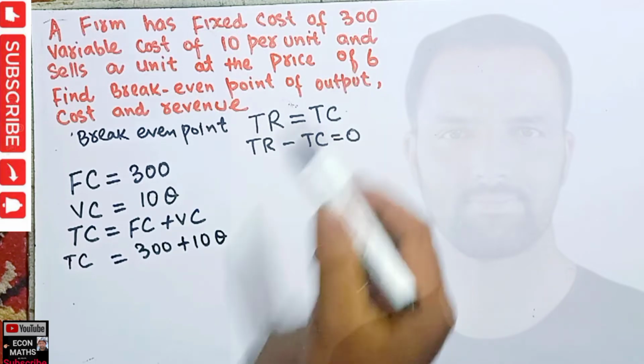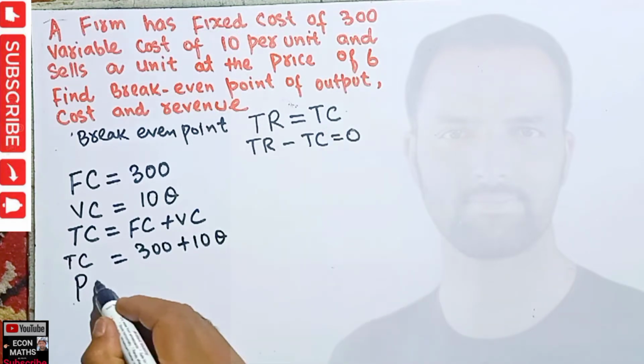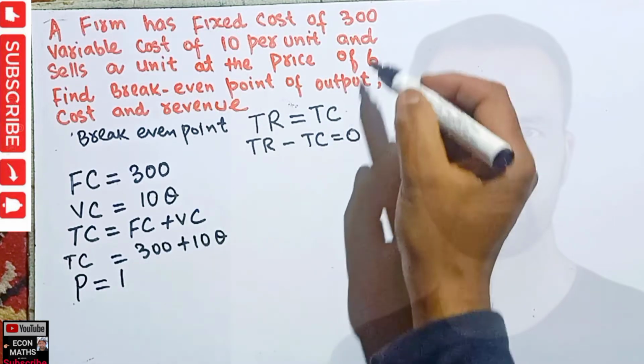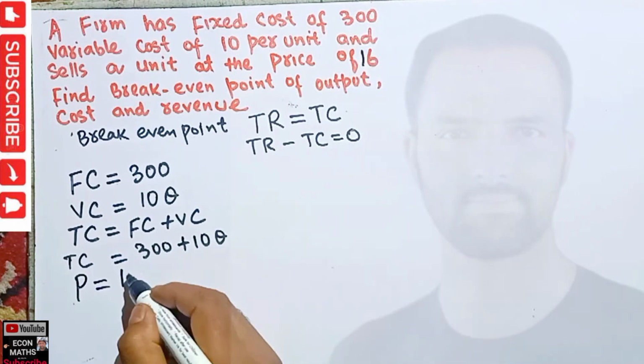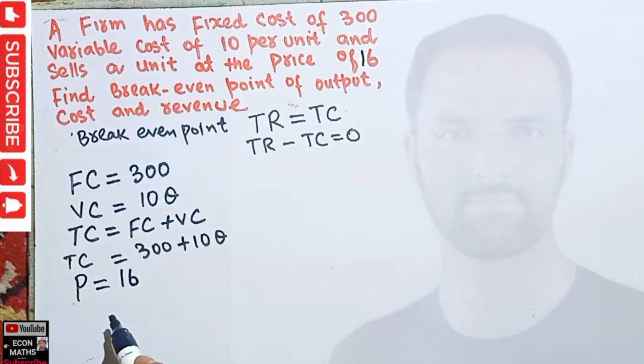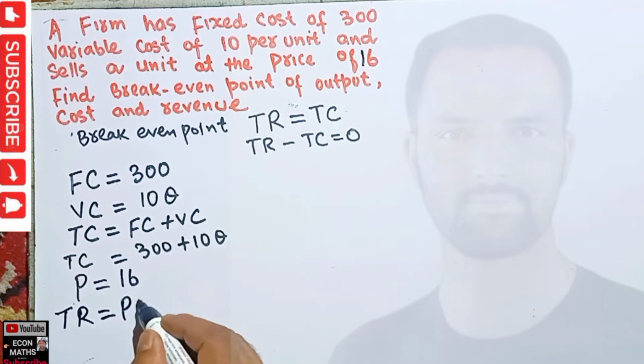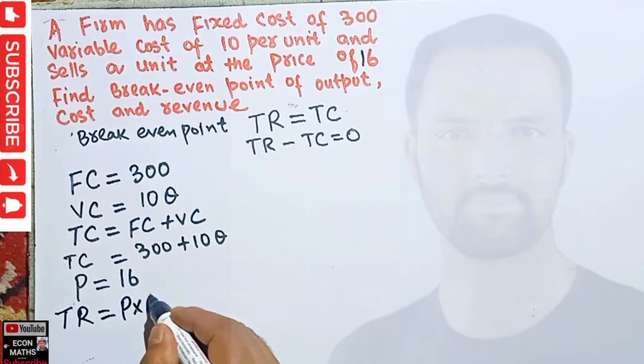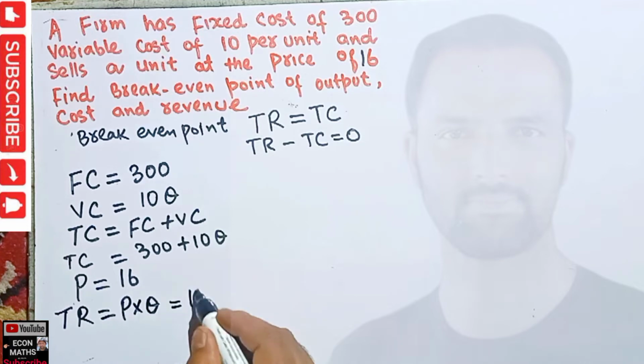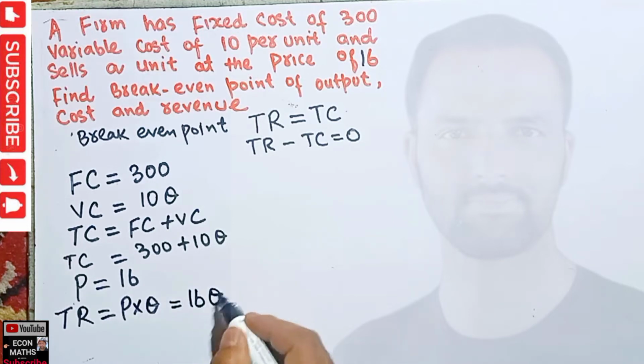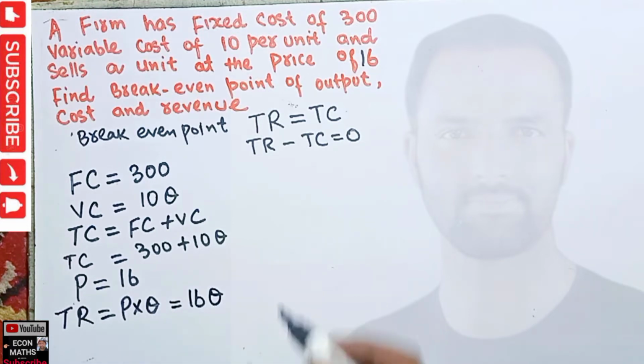Now price is given as 16. And what will be the total revenue? Total revenue is simply equal to price into output sold. Price is 16 into Q, that means our total revenue is 16Q.